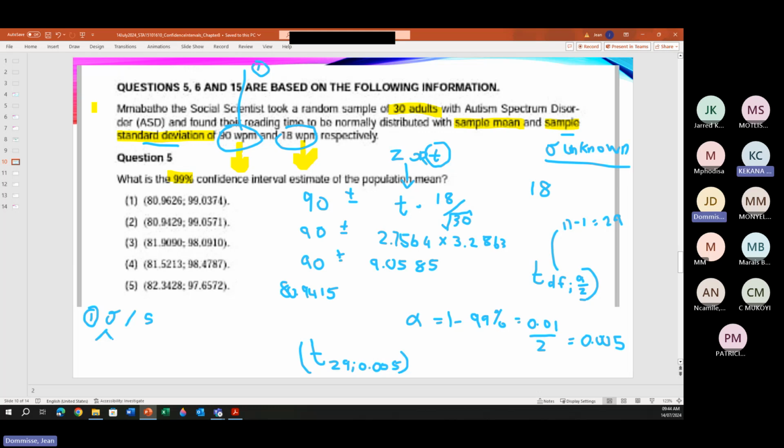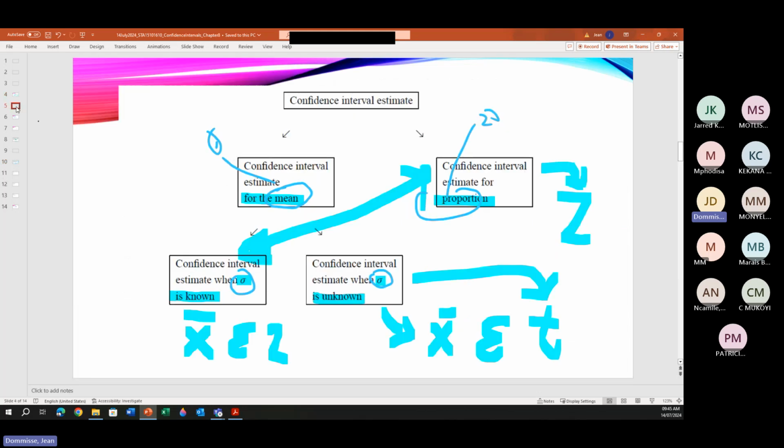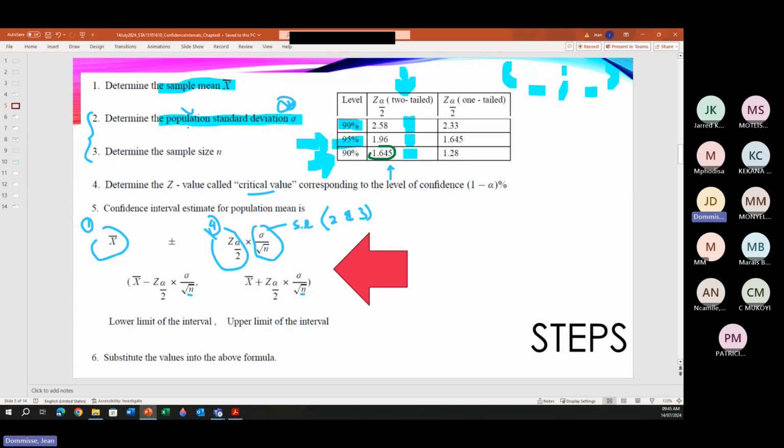I think that is also important when we look at the steps. We first identify the standard deviation and then the sample size. That is also a way to remember it.